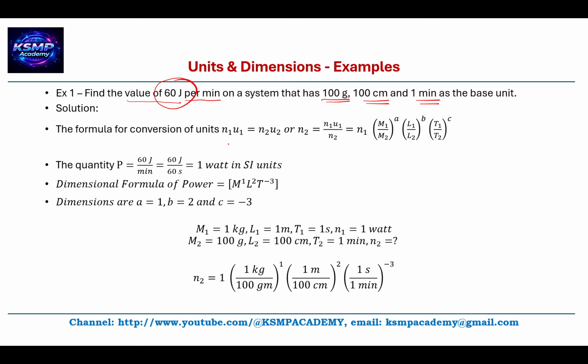So the formula which we will be using is N1U1 equal to N2U2, where N1U1 is one system and N2U2 is the second system. That means N2 is the numerical value in the second system and N1 in the first system.